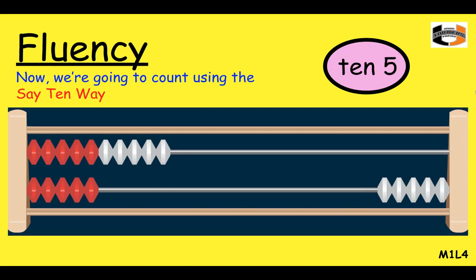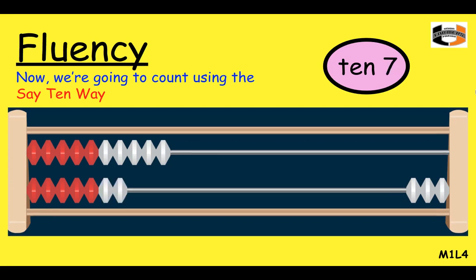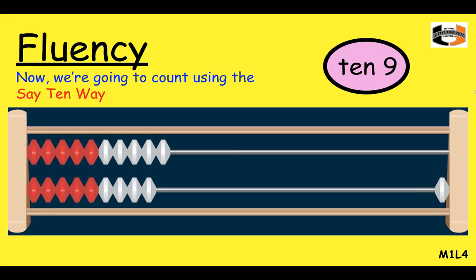You got the hang of it? So we go 10-6, 10-7, 10-8, 10-9, and 2-10. Do you know what 2-10 stands for? 2-10 stands for 20 because 20 is made up of 2 10s.